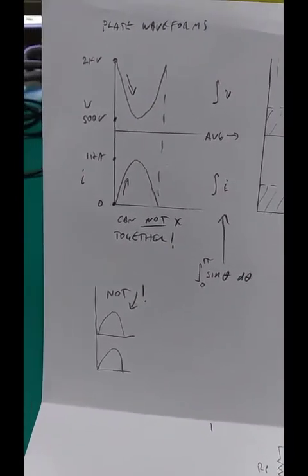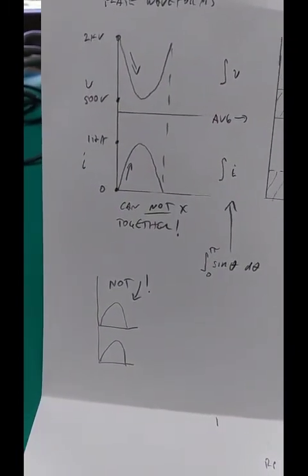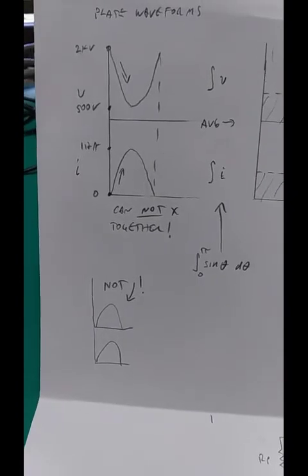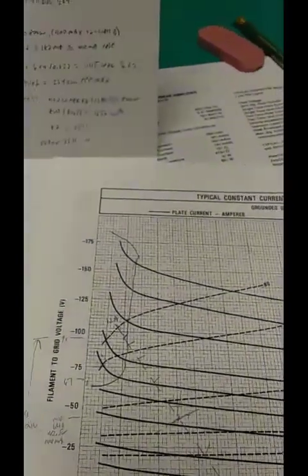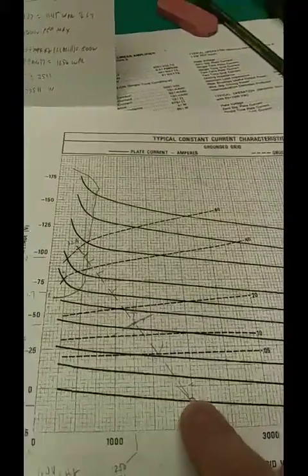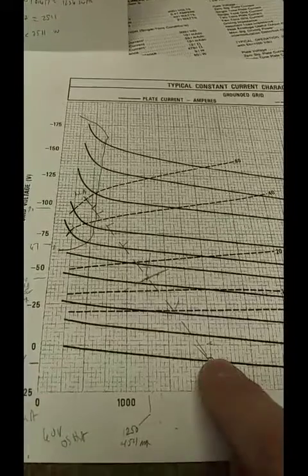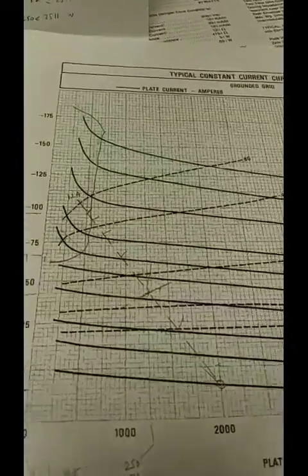It is not possible to directly multiply plate voltage and plate current together, because as from the plate curves down here, at the highest plate voltage it's the lowest plate current, and vice versa.